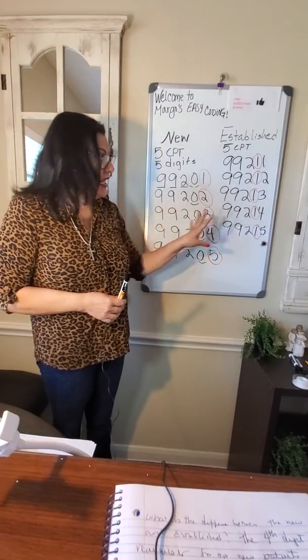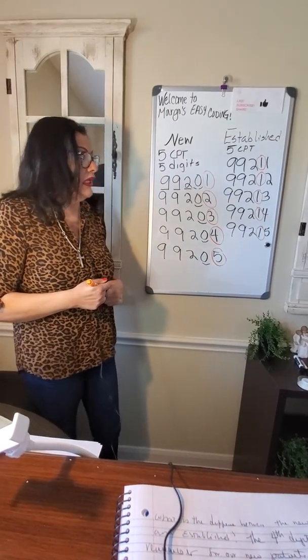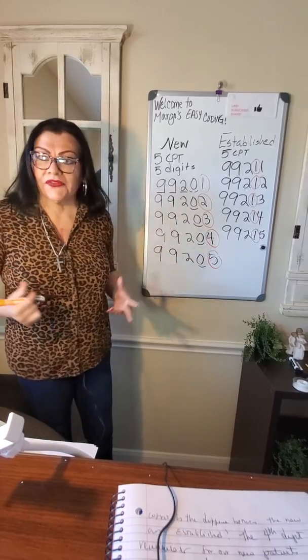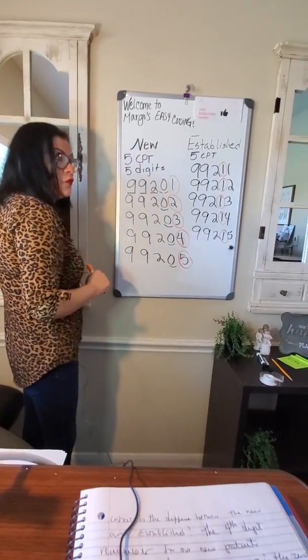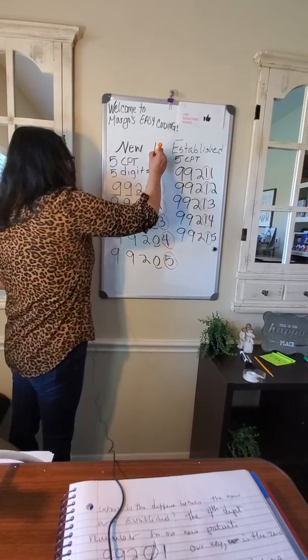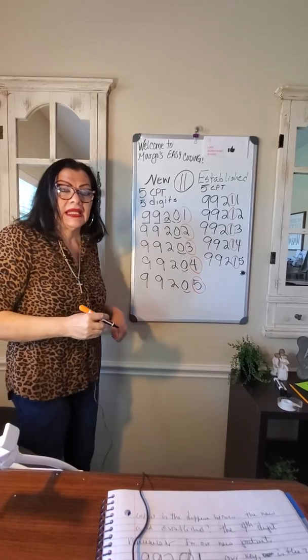New patient, established patient. By the way, when we start coding for everything, the place of service for all of these codes is always going to be 11.